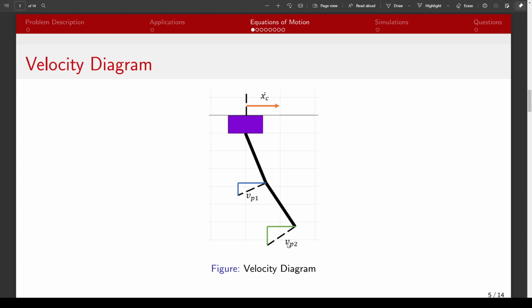You can see that the velocity of the second pendulum is also broken into its x and y components, and the velocity of the second pendulum is relative to the first pendulum, which is relative to the cart. So you can see where these equations of motion are going to start to get a little complex.